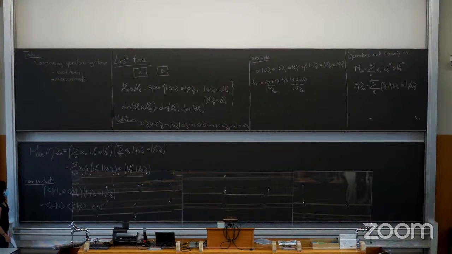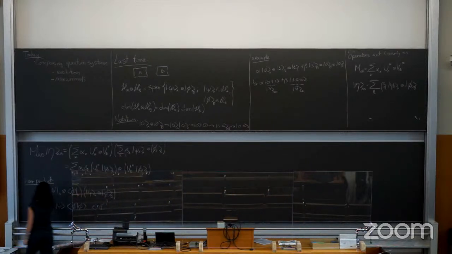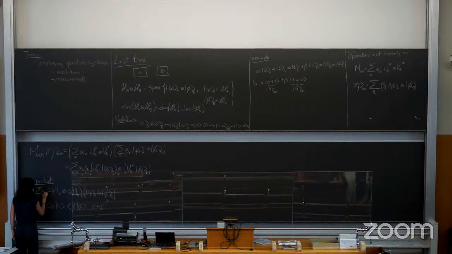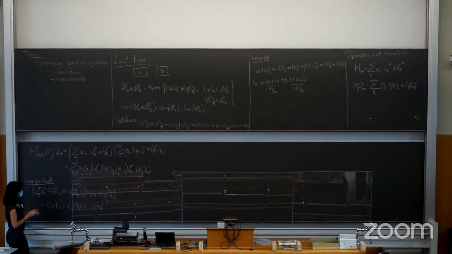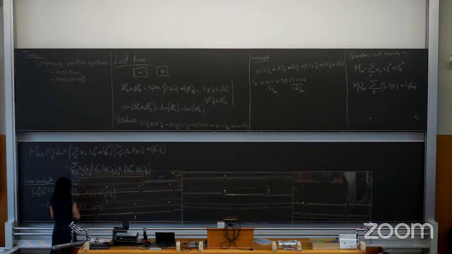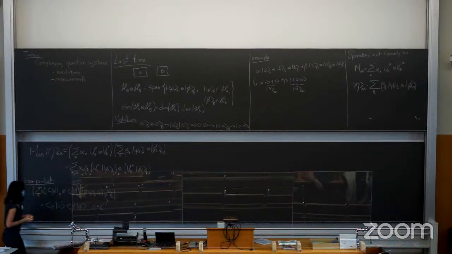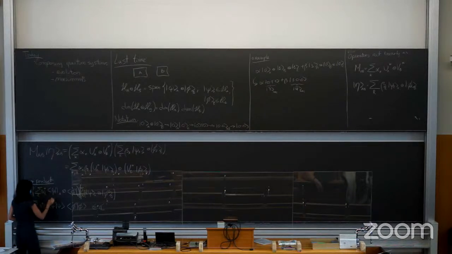Now, if your state is not a product, but some linear combination, what we call some superposition, and you have here the sum over L of alpha L star because it's the conjugate, and you have here the same thing, so sum over K of beta K, then you just do the same, and you add here the sums over L and K, the alpha L, the beta K, and then I just need to put them in the right place.